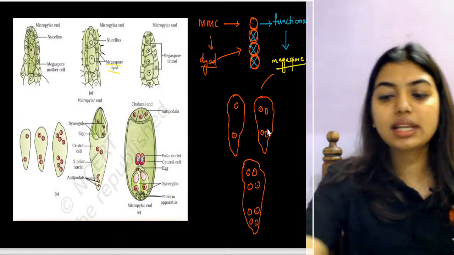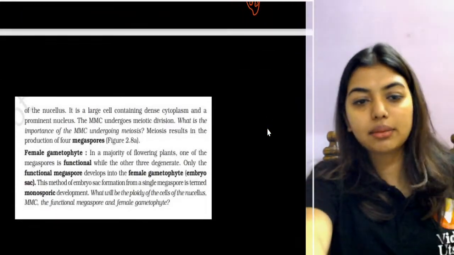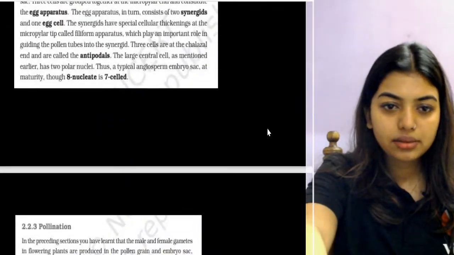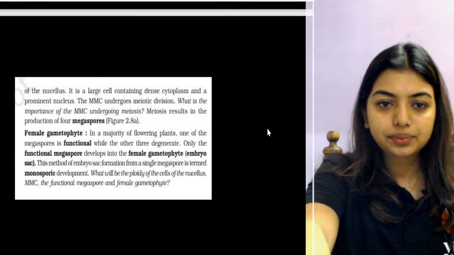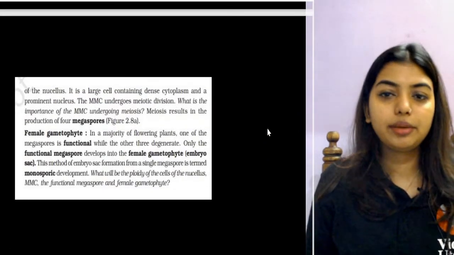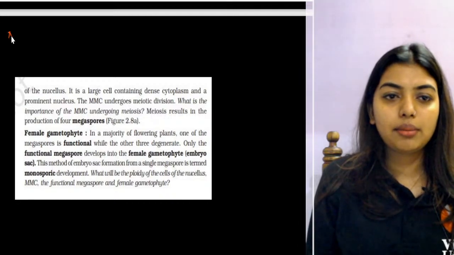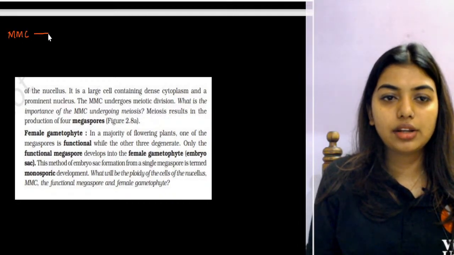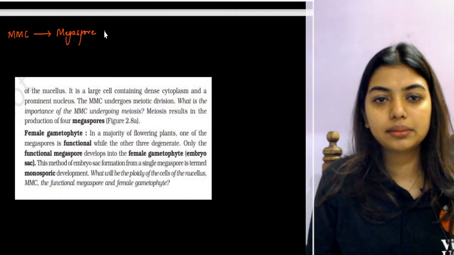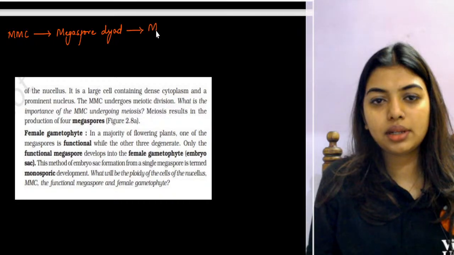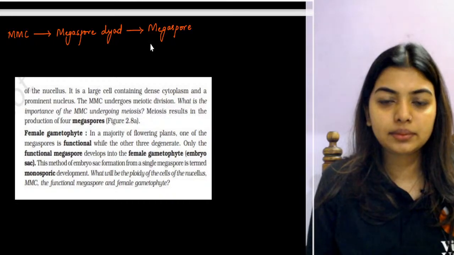So students, what is exactly happening here? What is so different from the megaspore? Okay, wait here, so here I'm going to write it. What happened here? The megaspore mother cell underwent division. It formed the megaspore dyad. The dyad formed the megaspore tetrad.